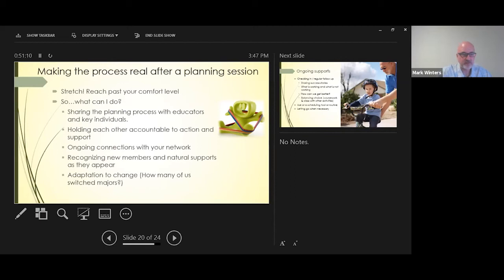Ongoing connections, building and maintaining those ongoing connections, recognizing that things change and that new people and new connections happen, and fostering those new members of a person's support network, professionally and socially, natural supports as they appear.